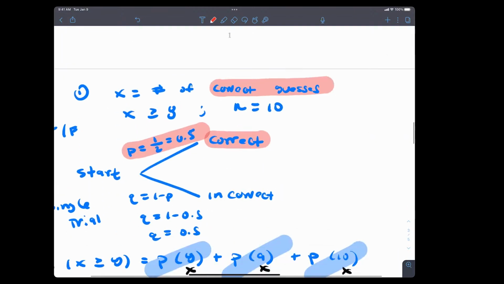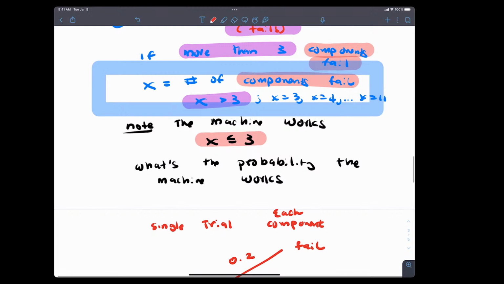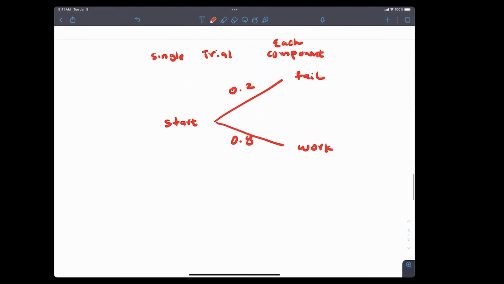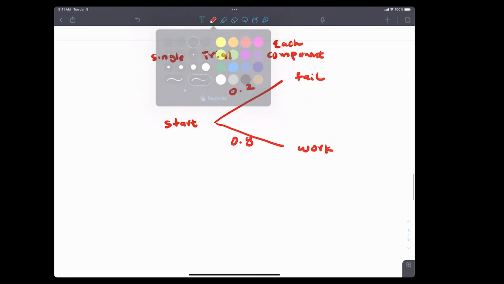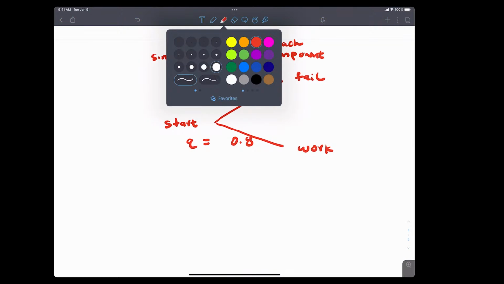I apologize here, right? X is the number of failed components. This is what we think of as a success. Okay, so little p is the probability of a failed component. That means this is my little p right here. P is 0.2, and it means Q is actually 0.8. So remember, we defined it this way.